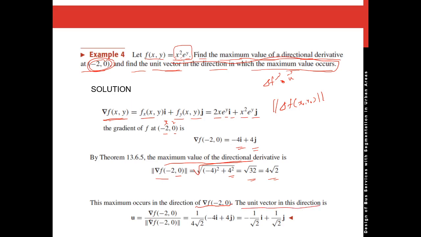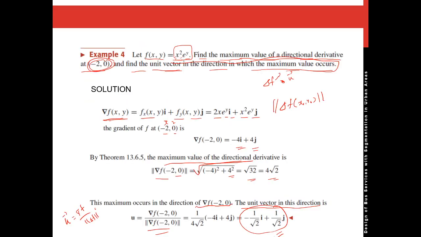We know that u equals del f of minus 2, 0 divided by the norm of del f of minus 2, 0. So the maximum value occurs in the direction of del f by norm del f, the unit vector. In this unit vector, our function has maximum value.